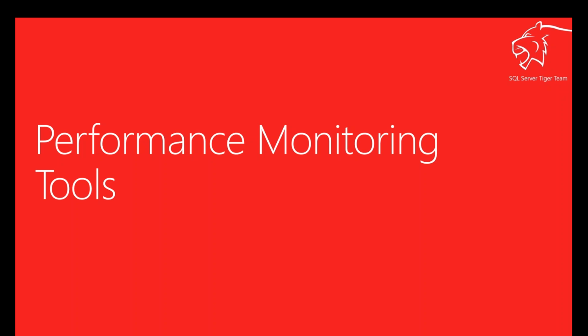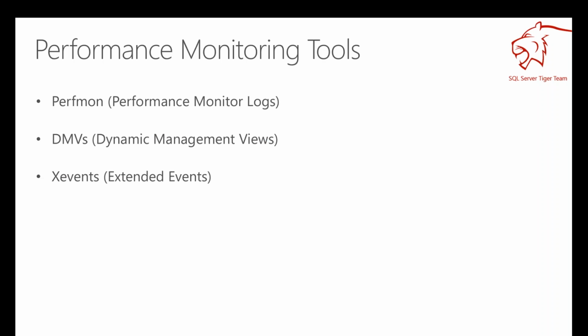So, in the context of SQL Server, what tools do we have to establish a performance baseline? These are primarily the performance monitoring tools which we have in SQL Server. At the ground level, at the very minimum, this is what we all capture in SQL Server: perfmon, dynamic management views, and extended events.